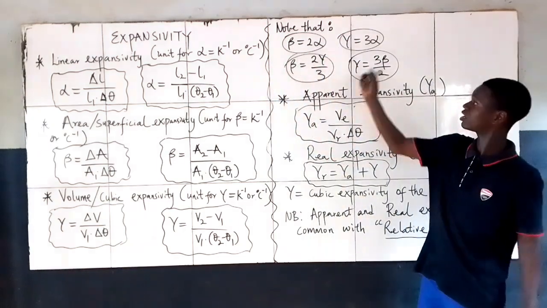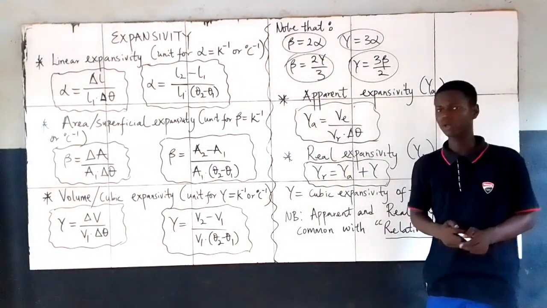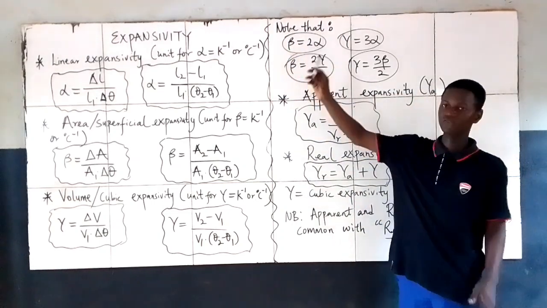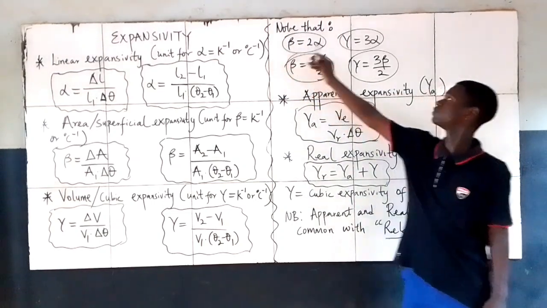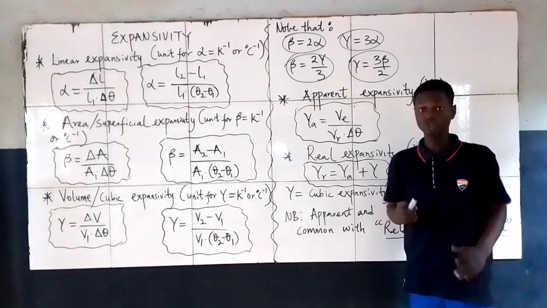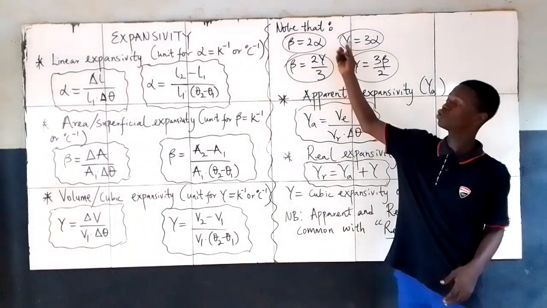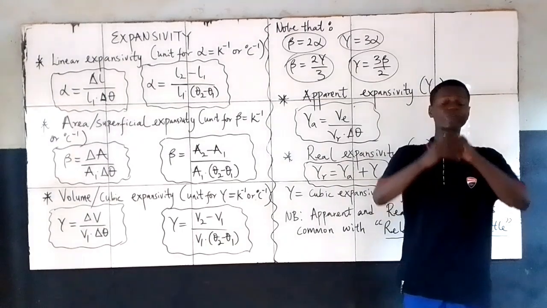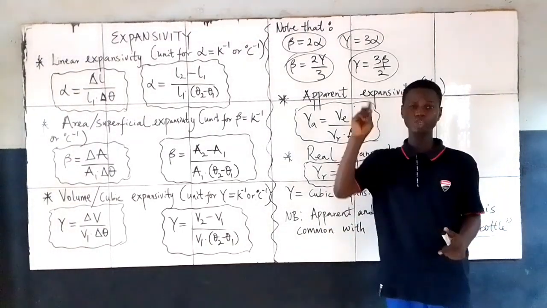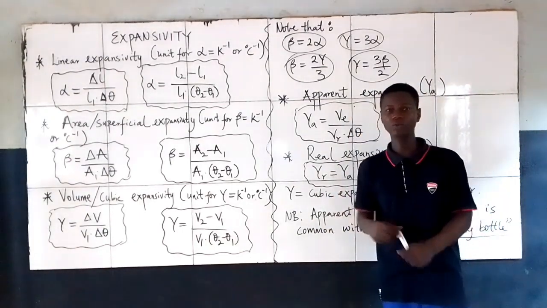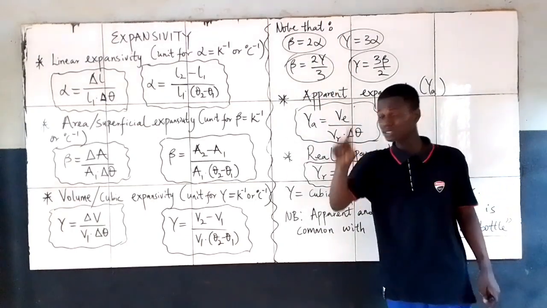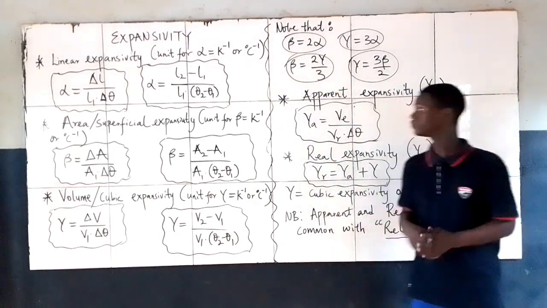Whatever the material, if you are given the linear expansivity, you can get the area expansivity and the cubic expansivity. The cubic expansivity is 3 times the linear expansivity, while the area expansivity is 2 times the linear expansivity.